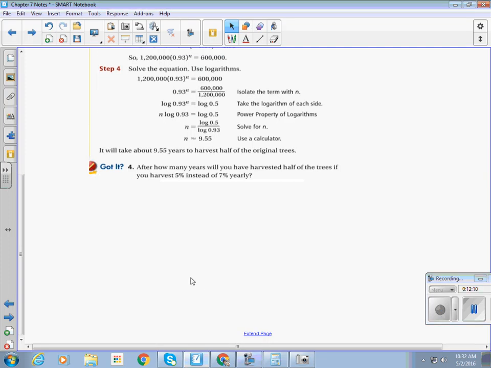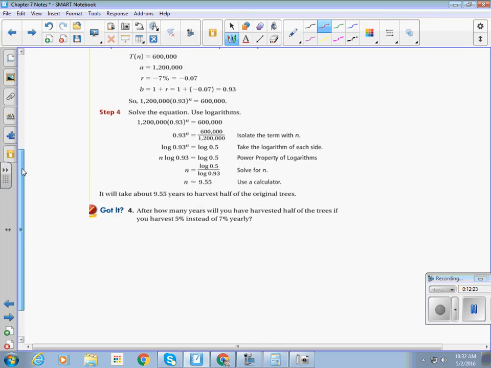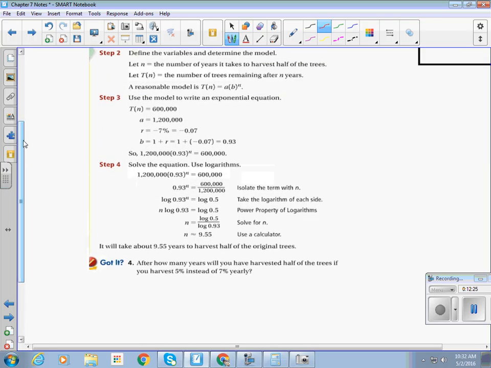Okay, so how many years will you have harvested half of the trees if we harvest 5% instead of 7% yearly? So let's go ahead and change our equation. Instead of 7%, we're going to change it to 5.